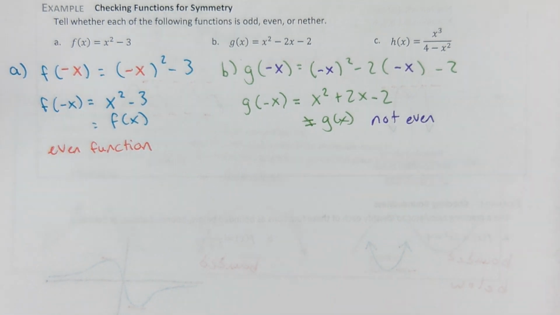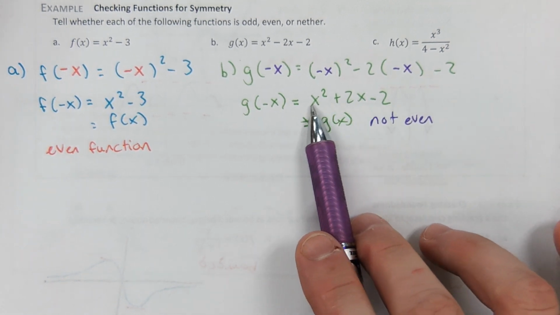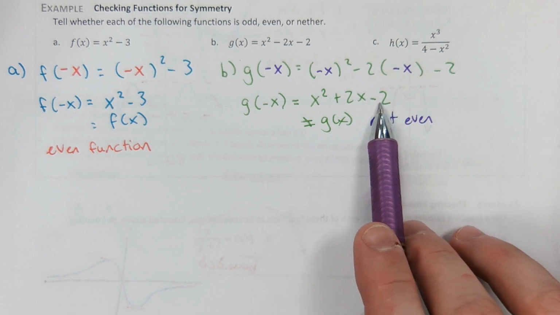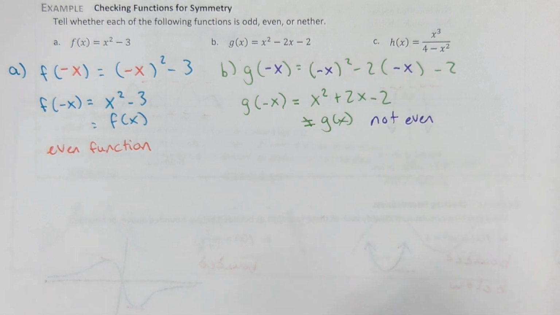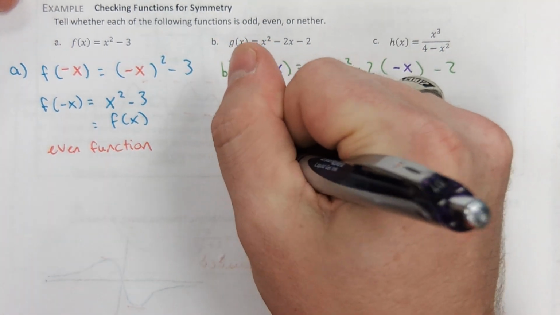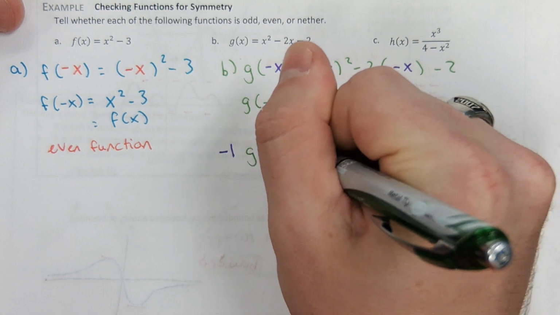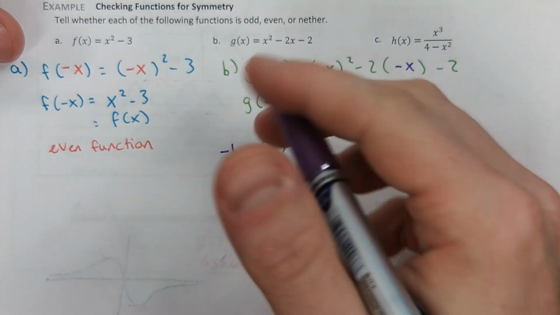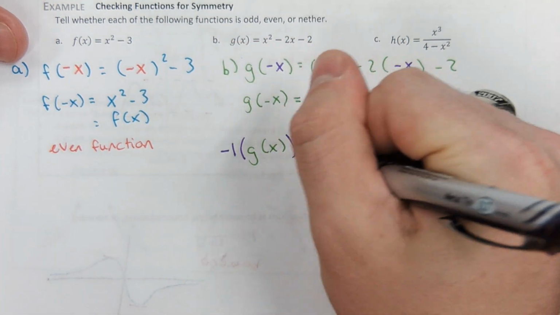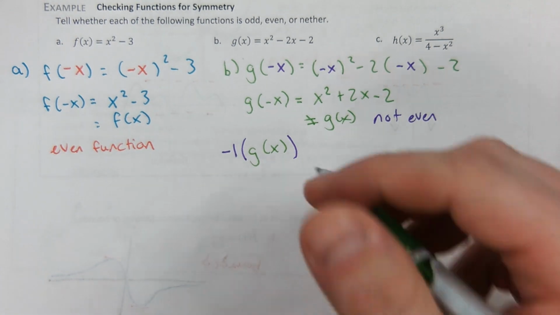In order for it to be odd, we would need this to be the result of multiplying g of x by negative 1. Please, when you multiply a function by a number, please get in the habit of wrapping the whole side in parentheses. Why? Because I'm preparing you for transformations. That's why.